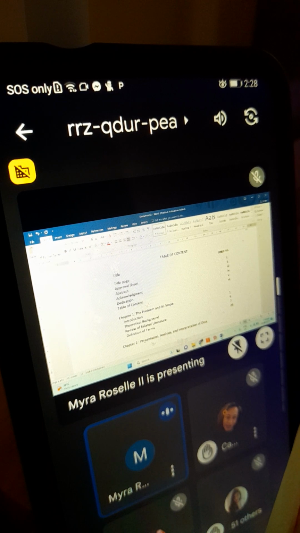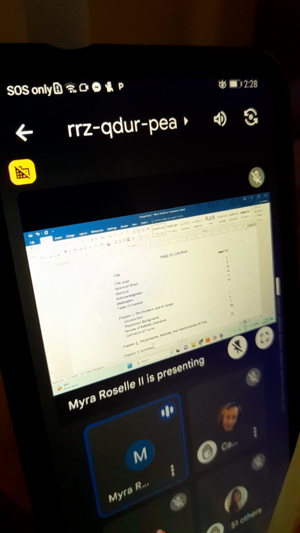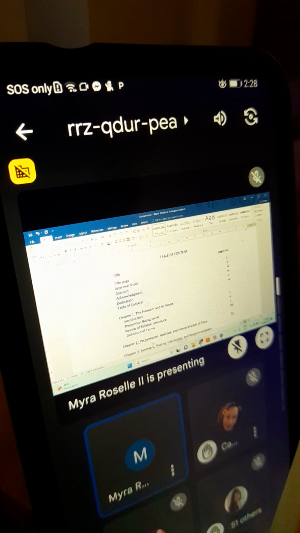Okay, so page. Butang ta, page 21. After, one space, chapter 3, you have here summary. Summary is separate from findings, separate from conclusion, and separate from recommendation.